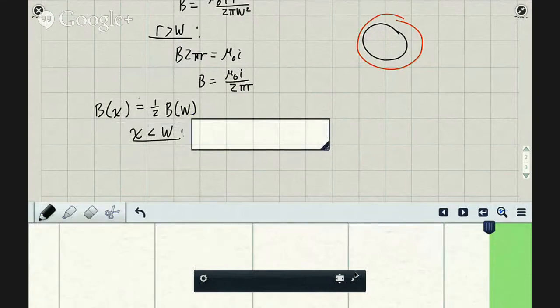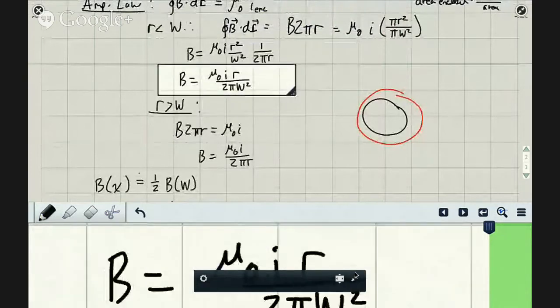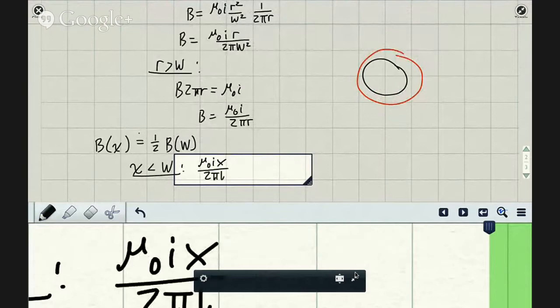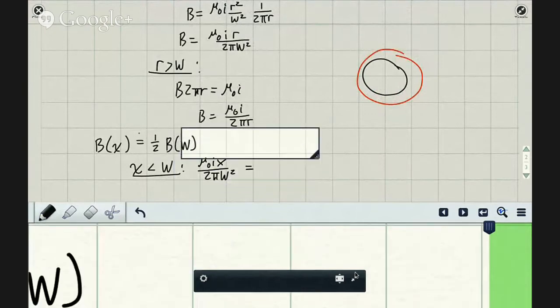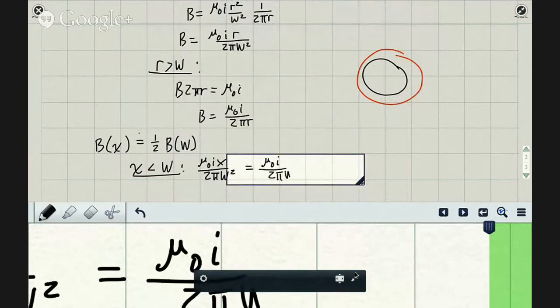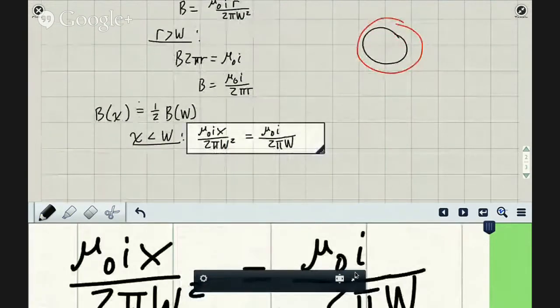The left-hand side is B evaluated at x for r less than w, which is mu naught I x all divided by 2 pi w squared. That's equal to this evaluated at w, which is mu naught I over 2 pi w once you cancel out the w's. That's our first expression. Here we can easily solve for x.